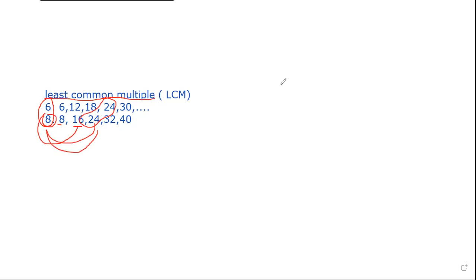But some people prefer to use the prime factorization. So let me use this way, the prime factorization of 6 and 8. 2 times 3, we get 6, because both of them are prime. So I circle them. So 2 times 3, this is for the 6.